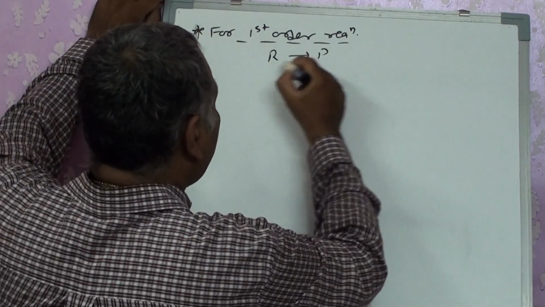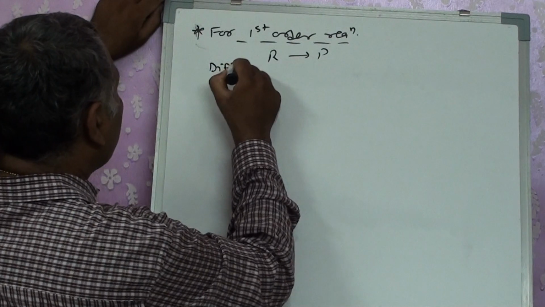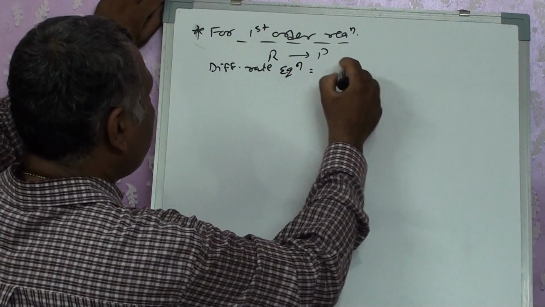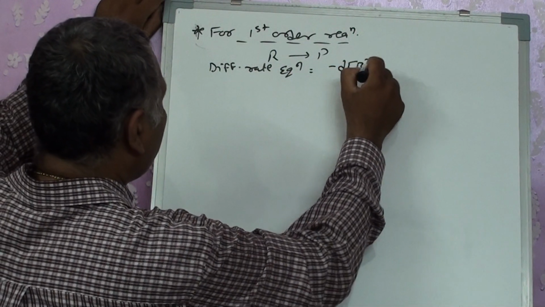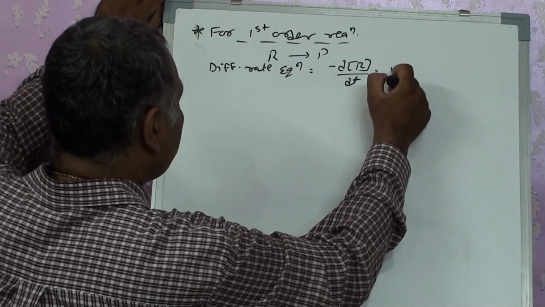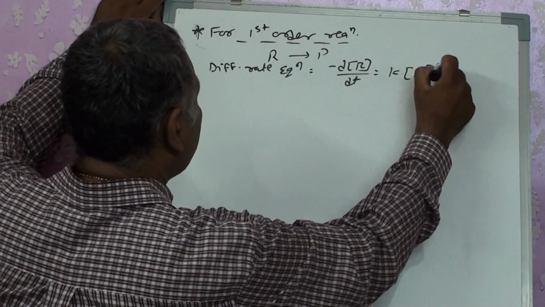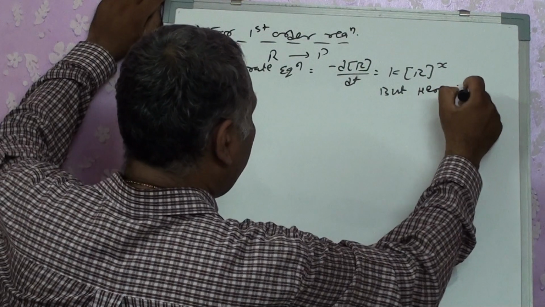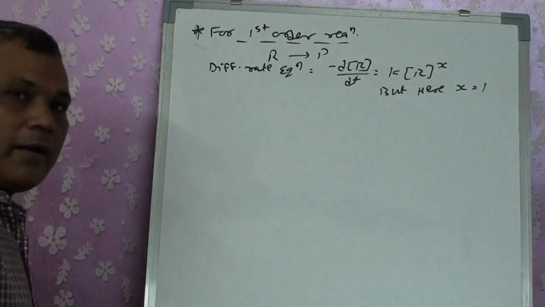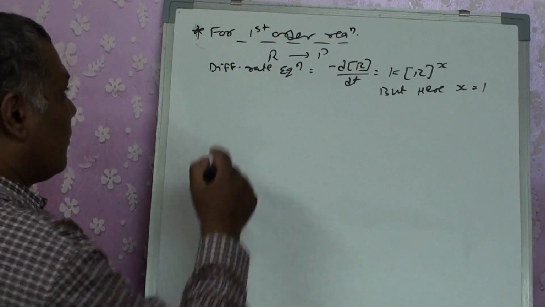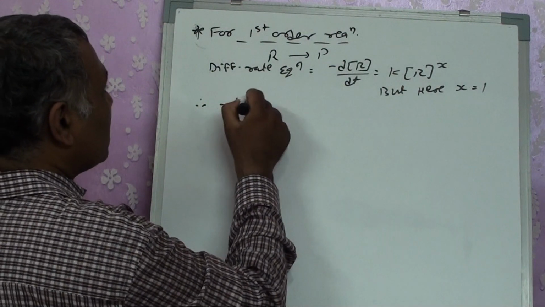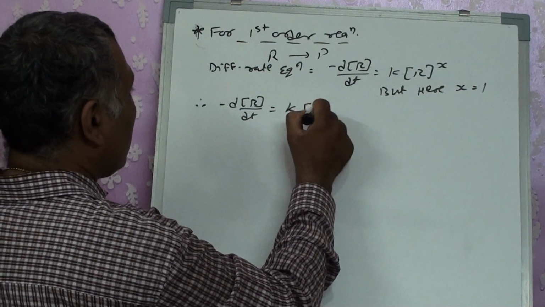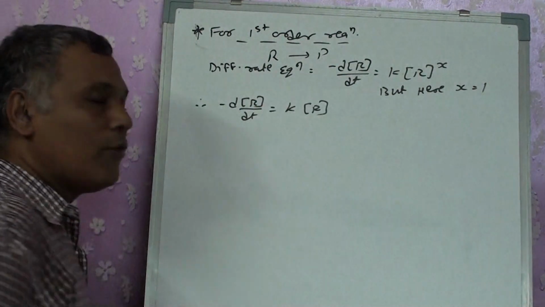The differential rate equation will be indicated as minus d of R by dt equals k R raised to x, but here x is equal to 1. It's a first order reaction. Therefore, minus d of R by dt is equal to k R raised to 1.